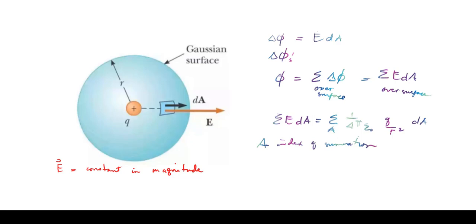So therefore, if we let our dA approach 0, our equation becomes the limit of 1 over 4 pi epsilon naught, q over r squared, times the summation of dA.